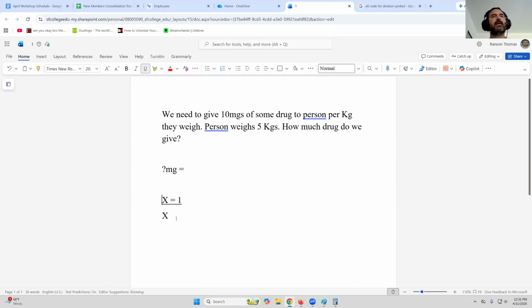No matter what. So we use that principle for units of measurement. If we change that X to milligram, 1 milligram over 1 milligram, the milligrams cancel out, and 1 milligram divided by 1 milligram is just one, you know?